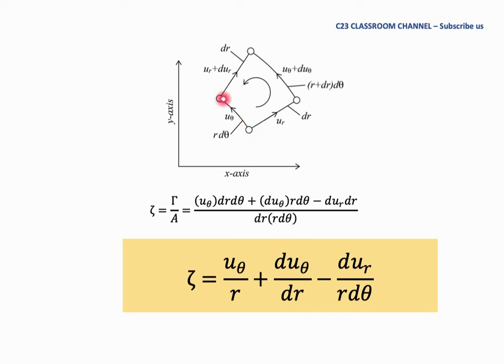So r d theta is this distance, and r is the value of this one. So it is okay for us to multiply these two values, and we assume it is equal to the area of this element. So when we divide these two items, we get that zeta is equal to u theta over r plus du theta over dr minus dur over r d theta. And this is the vorticity for polar coordinates. Please also remember this equation.